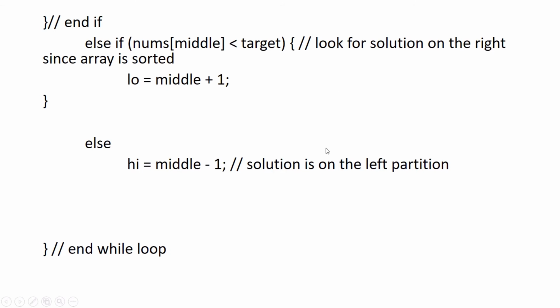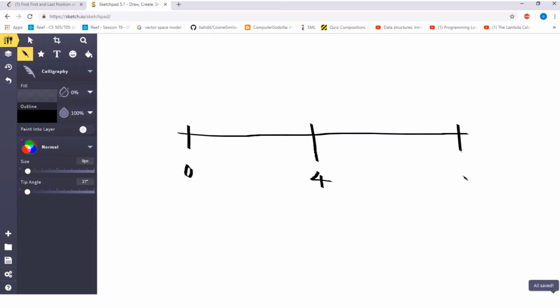I want to be sure we understand that. It's very important that we understand that. Let me try and demonstrate that here. Let's say I have this line here, and here is my middle, and let's say my middle value is 4. If this is 0 and this is 10, and my target is 7, then 7 is going to be within this area.